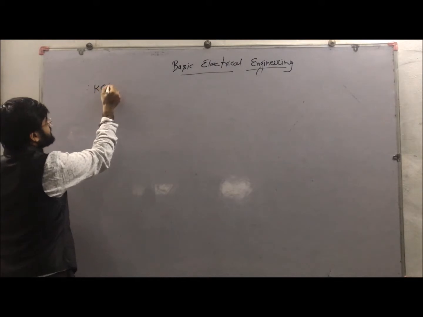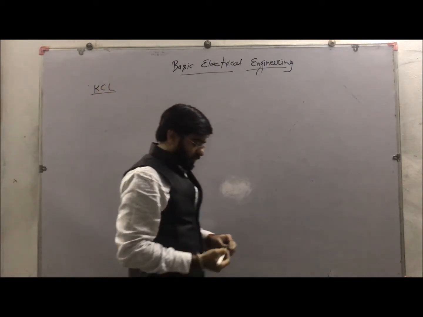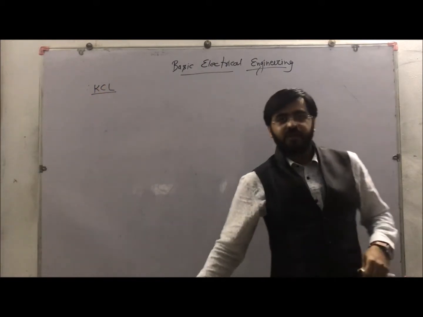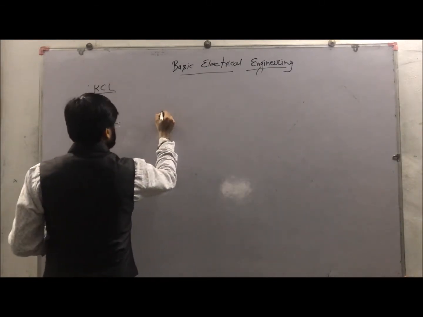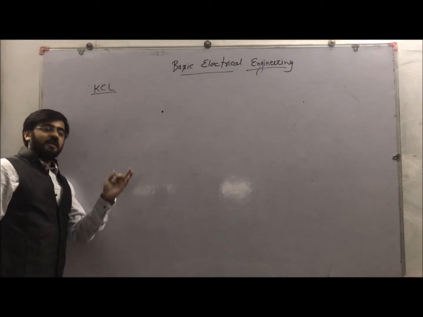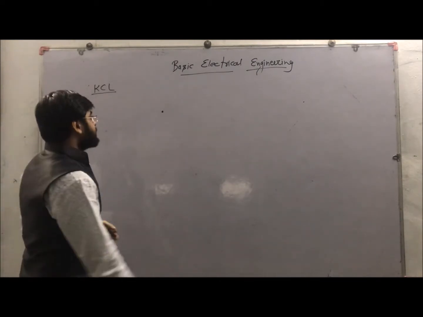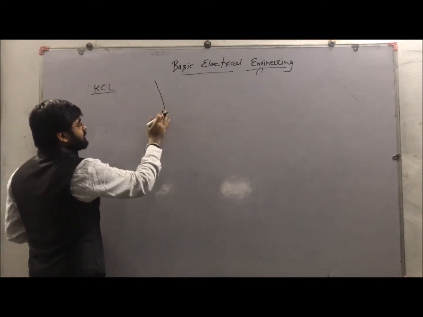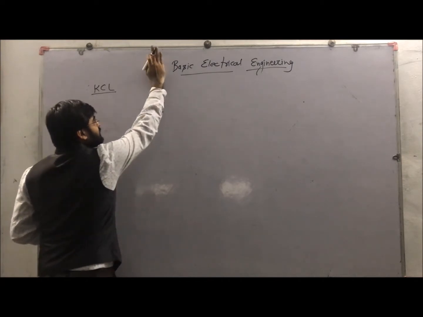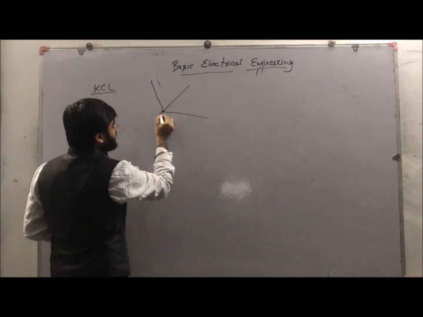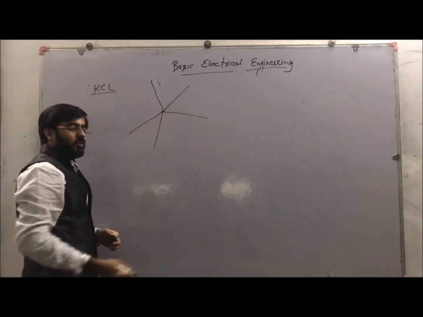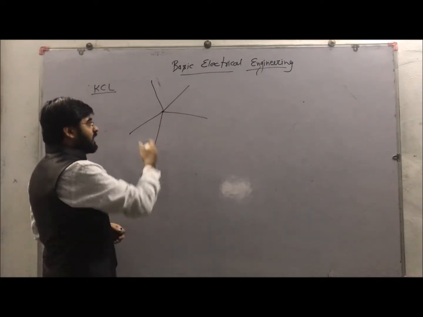Now the second point is KCL. What is KCL? Kirchhoff's current law. Kirchhoff said that at any node or junction, the algebraic sum of all the currents meeting at a point or a node or a junction is equal to 0.